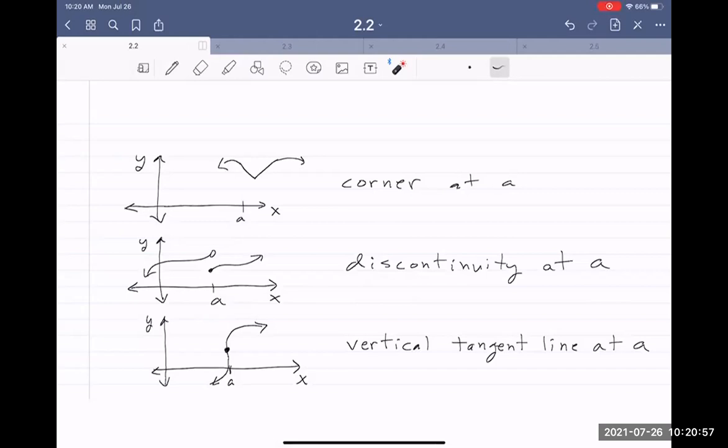Next, you could have a vertical tangent line. If your tangent line goes straight up and down, and the right-sided and left-sided derivatives are equal to the same infinity, either plus or minus infinity, then we say it has a vertical tangent line.